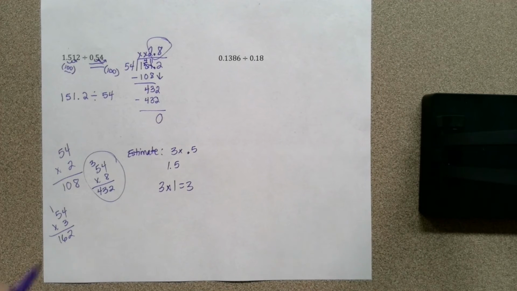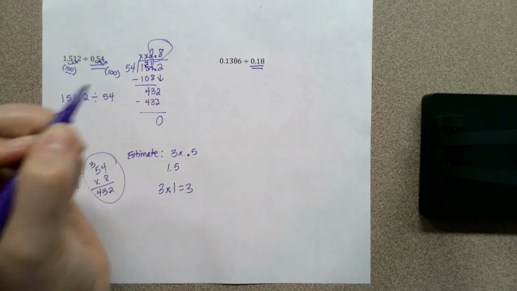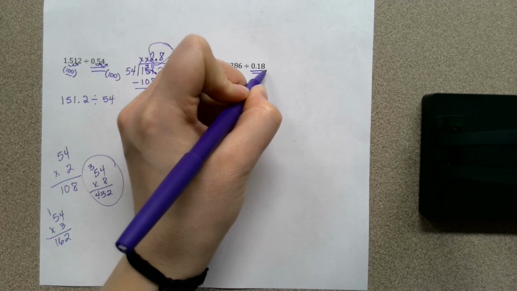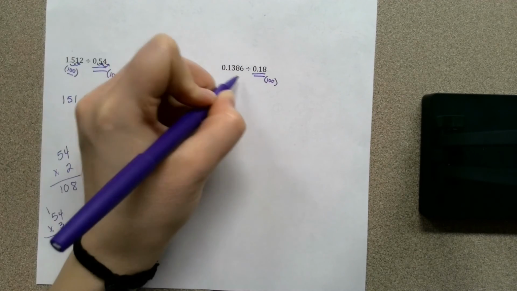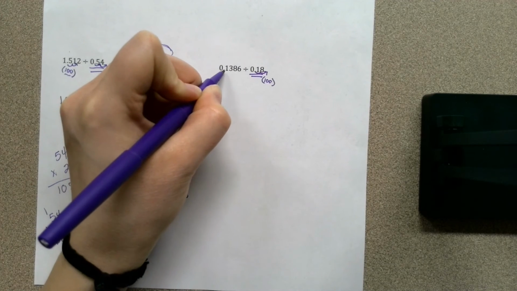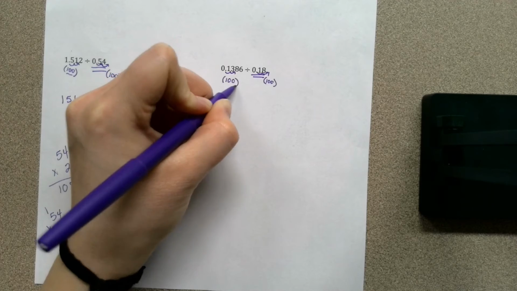One final problem. Starting with our divisor, we can't have the decimal. Because we have to move it 2 places, we have to multiply it by 100. If we move it 2 places in the divisor, that means we also need to move it 2 places in the dividend, which is also multiplying by 100.